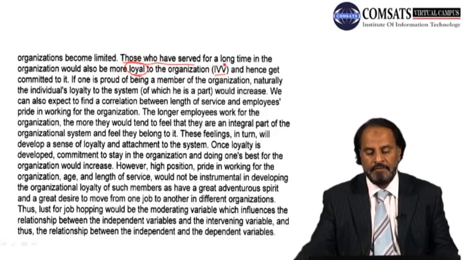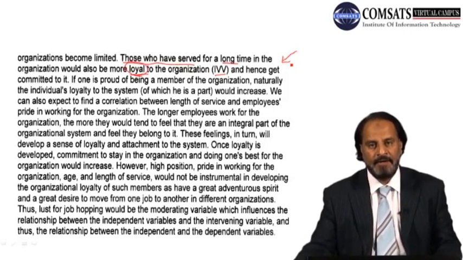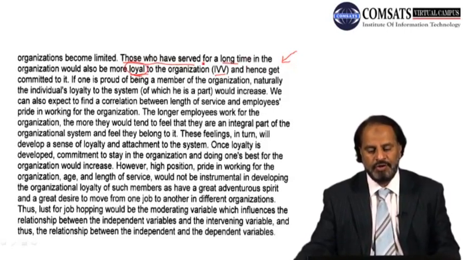The longer you serve, the more loyal you are, and the more loyal you are, the more committed you will be to the organization. This is how he's building the logic. I want you to understand that while writing a theoretical framework, you need to logically define the relationships and indicate what sort of relationship they have with each other.